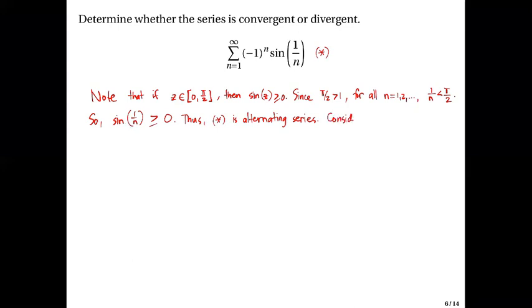So consider f of x equals sine of 1 over x on the interval 0 to pi over 2. Take note, I am not including 0 because 1 over 0 is undefined. So it's not part of the domain.